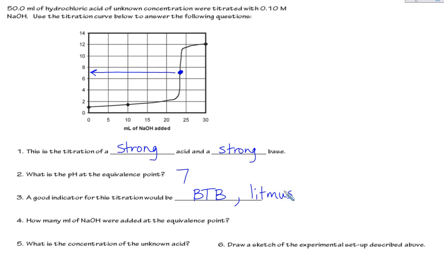We can just go down the entire burette of sodium hydroxide, and if I follow that equivalence point all the way down, I can get the volume added at the equivalence point, which, I don't know, do you want to estimate like 23? Maybe like 23 milliliters of sodium hydroxide?